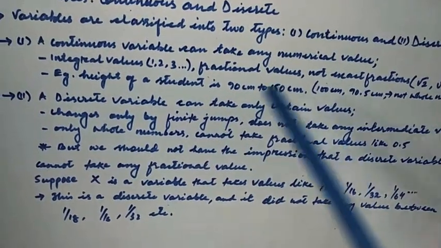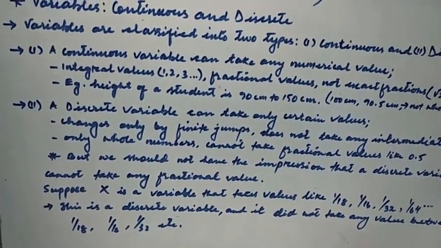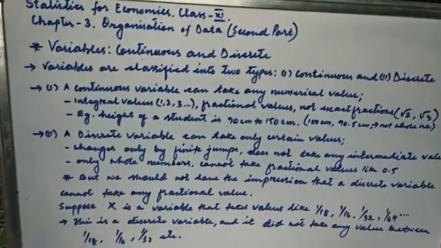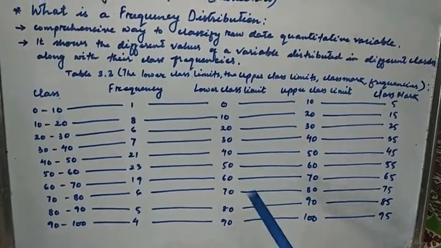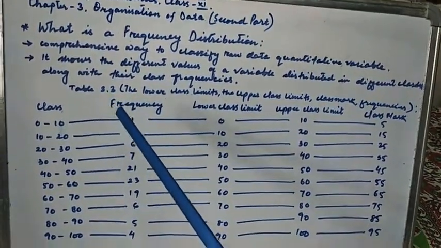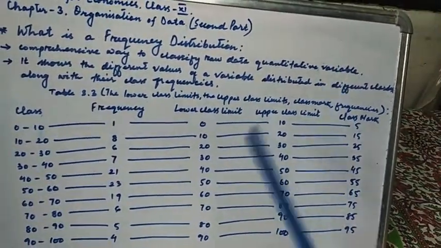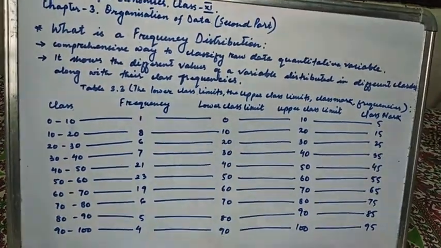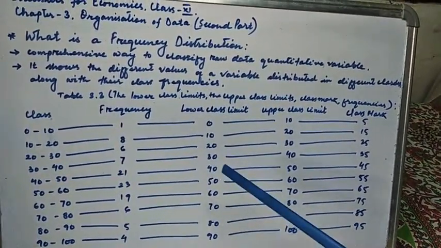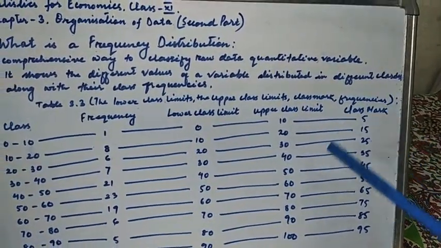So, by knowing the continuous variable and discrete variable, we move on to what is called a frequency distribution. With the help of table 3.3, I will explain the terms that we use in frequency distribution and how we got this frequency, what the lower class limit is, what the upper class limit is, and how we find the class mark or the middle point.